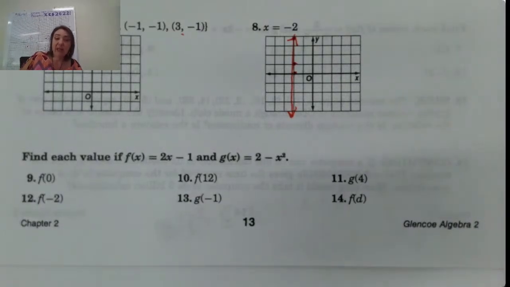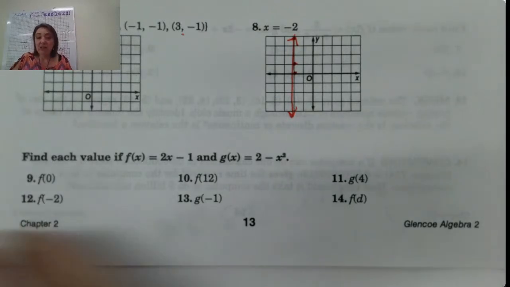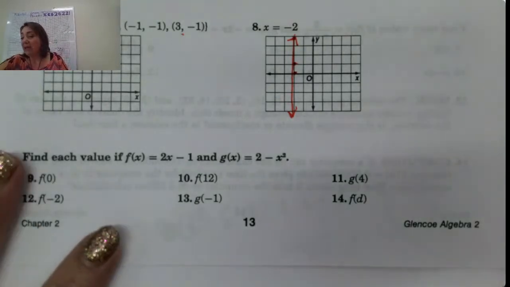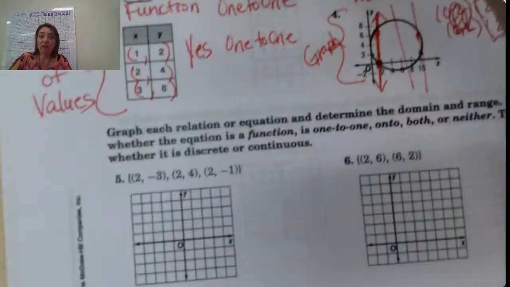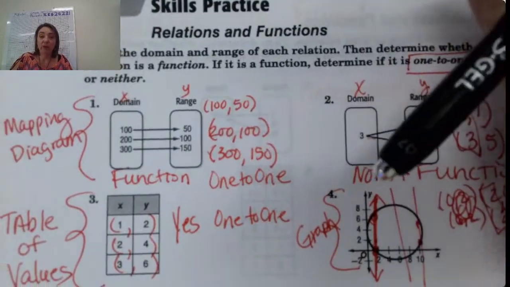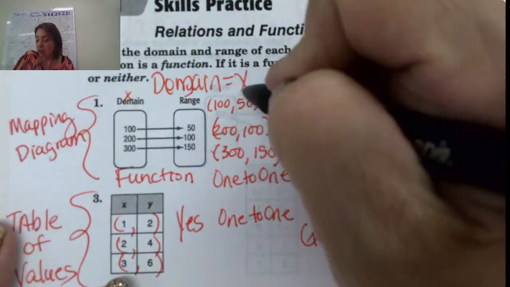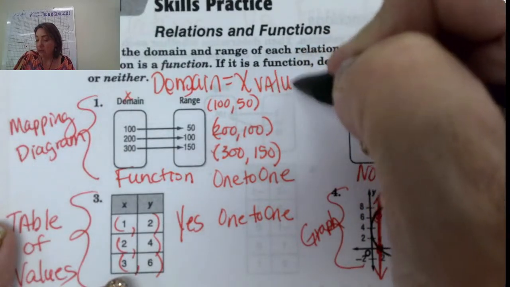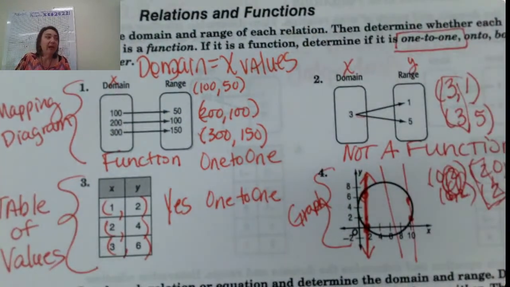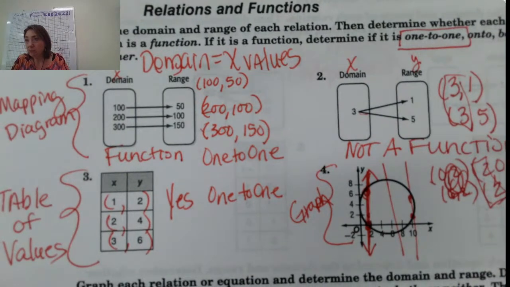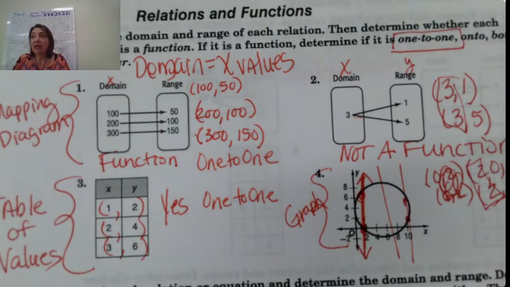Okay, so let's say that I ask you for the domain and the range of each one of these that we went over already. Now, what does the word domain mean? X. That is all possible X values. Based on what you have, that could be a list of independent numbers, or it could be an X is greater than, equal to, or less than situation.